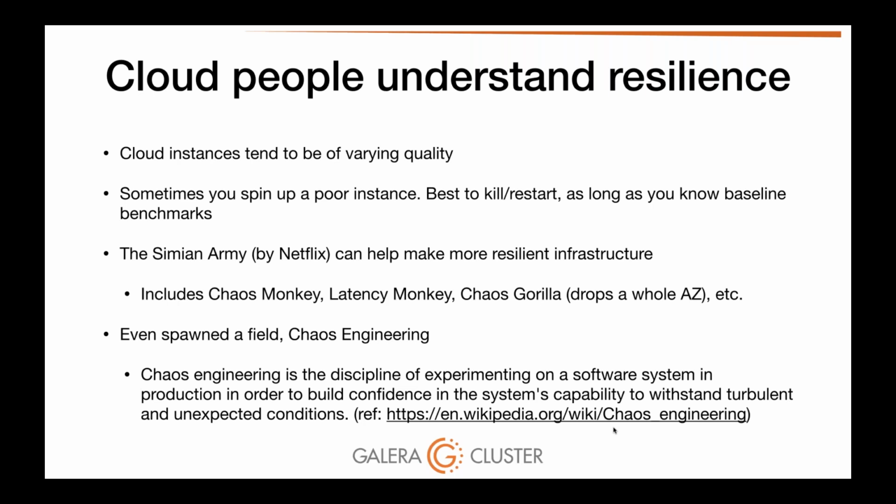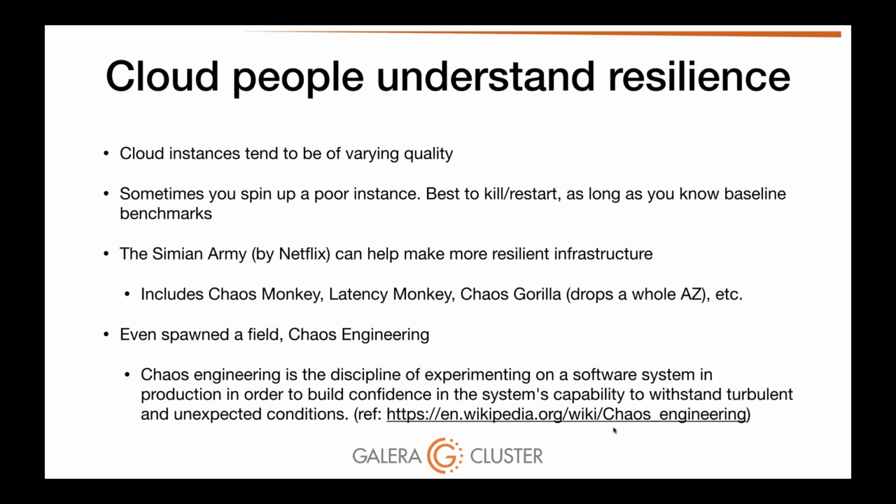What I really like though is Latency Monkey, because lots of people say, hey, we've got pretty good links, but if you introduce Latency Monkey and you also use Galera, you will actually see how long it can take to make a commit, and this takes a ton of effort to do manually.